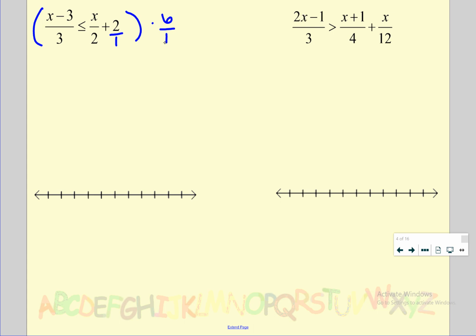So when it goes in the numerator, let's say it goes in this guy over here, I'm not going to distribute it in. I have a 6 on top and I have a 3 on the bottom. I can reduce that. 6 over 3 reduces to 2. And then that x minus 3 I'm just going to bring down. Okay, in the next fraction, if I have a 6 on top and a 2 on the bottom, what does that reduce to?